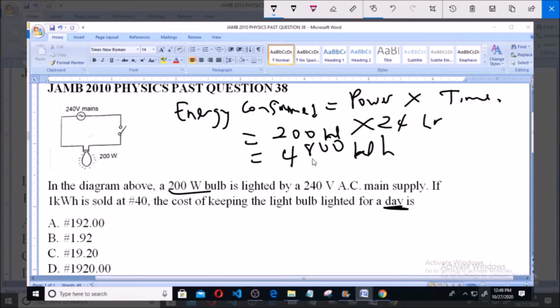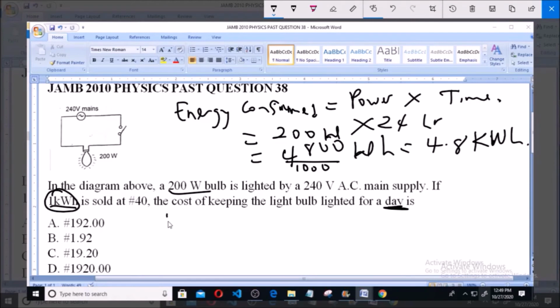Now, to convert to kilowatt hours, because we are going to make the calculation using kilowatt hours, we divide that by 1,000, and that will be equal to 4.8 kilowatt hours.